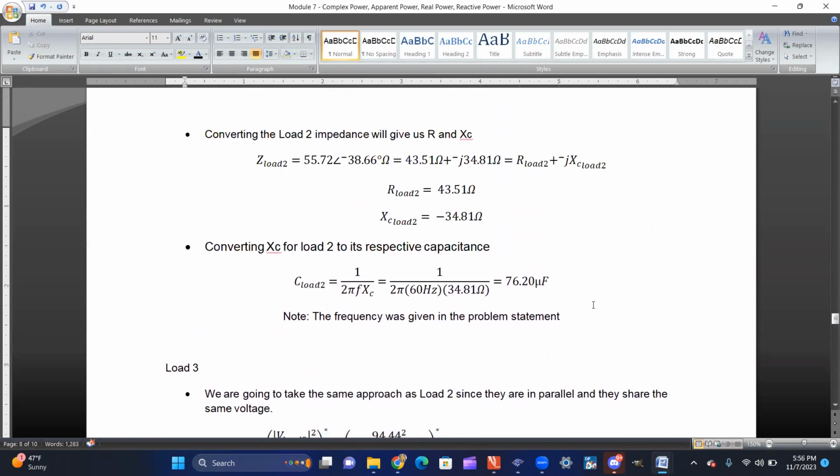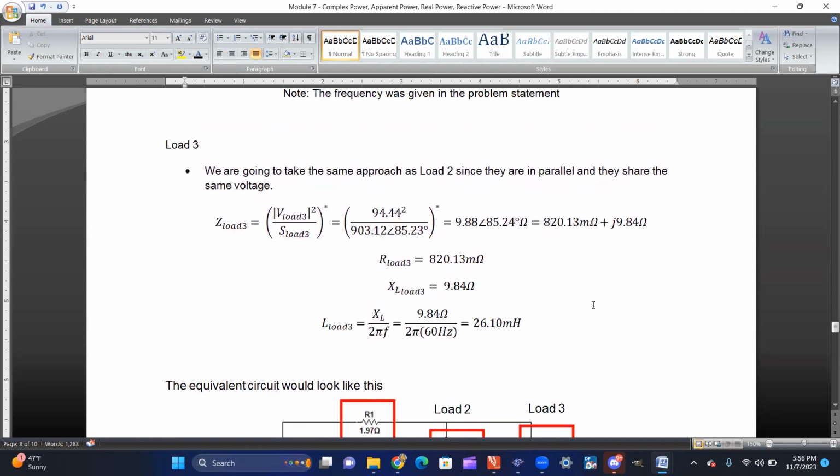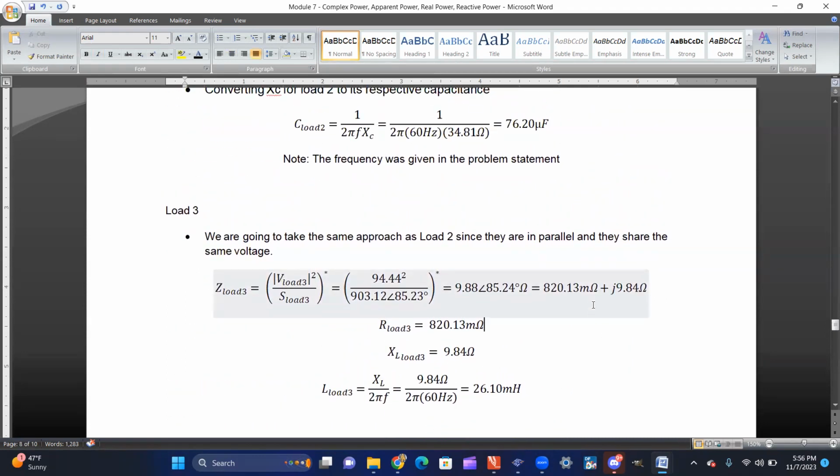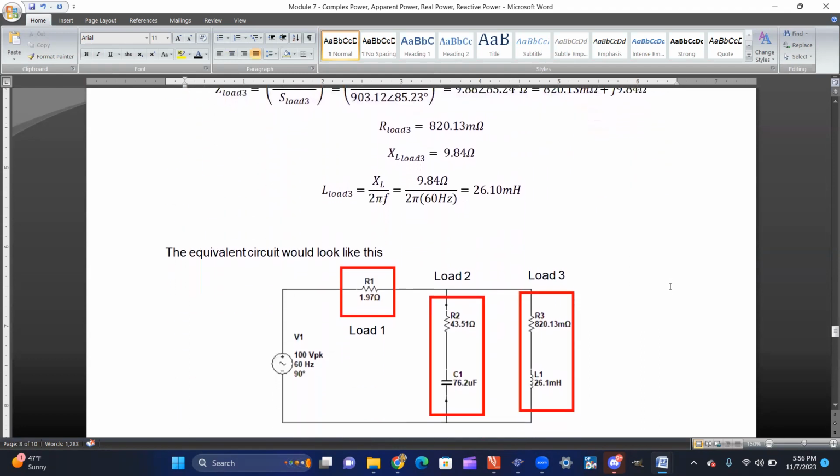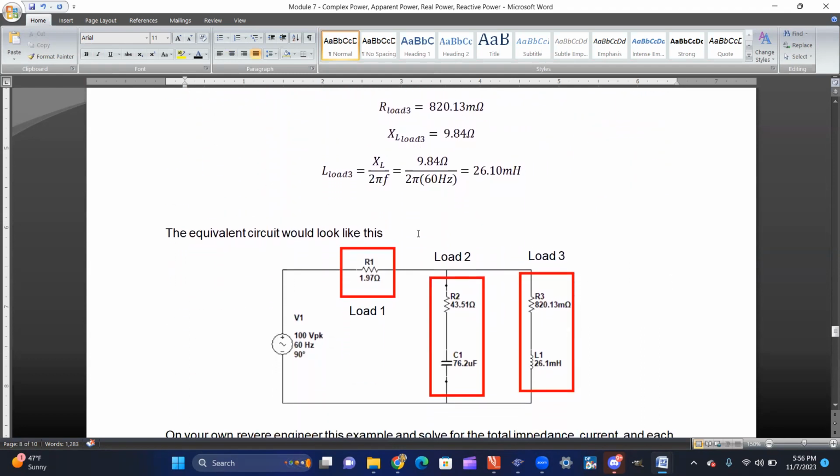So like I said, this was kind of a long example, but it really touches on a lot of different pieces that can be used in your homework assignments. But what I want you to do, so if you replace the loads with its actual elements and components, the circuit will look like this.